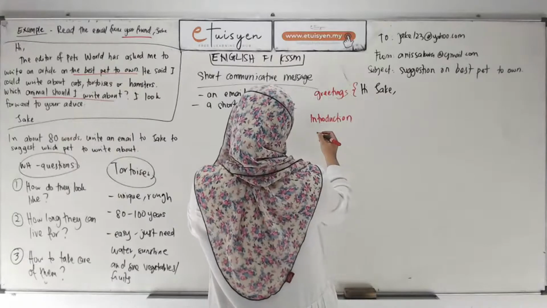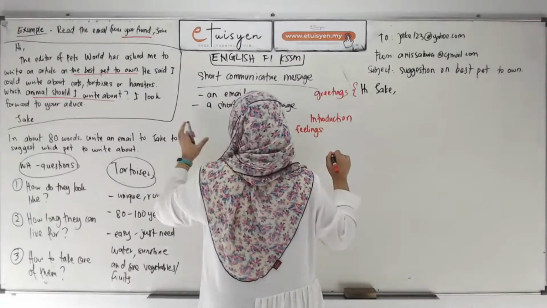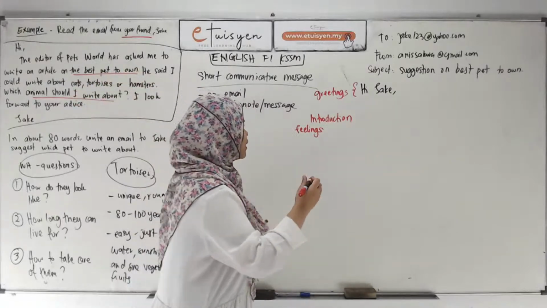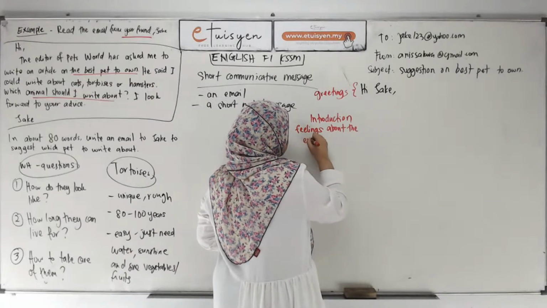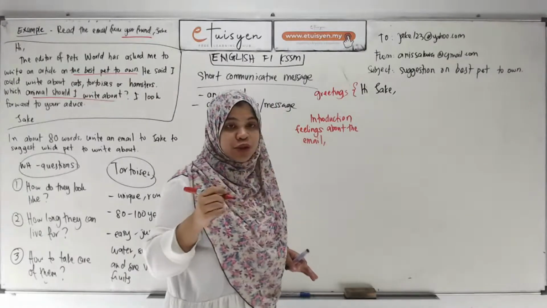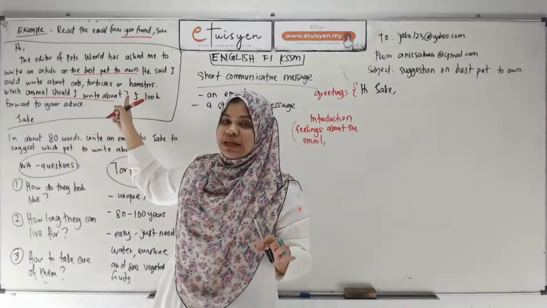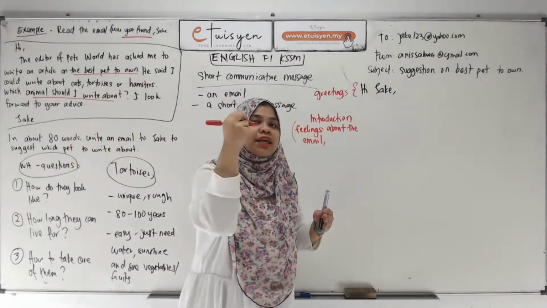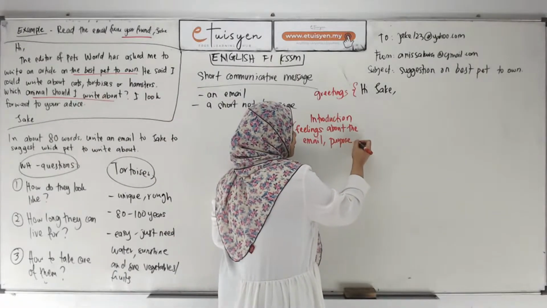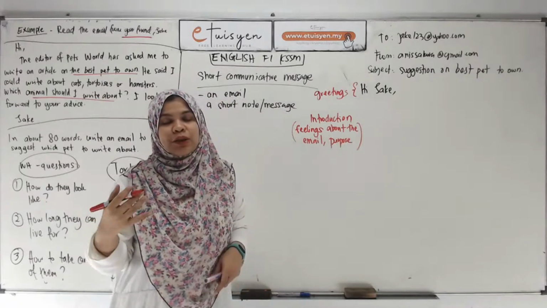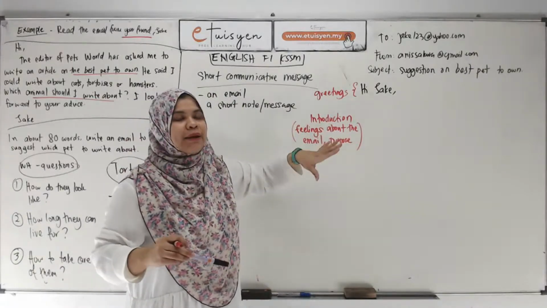So here you can say feelings, like how you felt about the email. Or you can also say purpose as well. But this one is a reply, so you're reacting to his email. If you are writing a new email, you can also state the purpose in the beginning, similar to a letter. When writing a letter, we write the purpose of the letter, similar in the introduction.